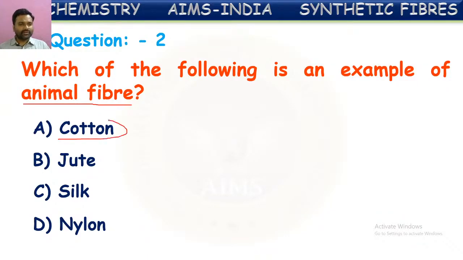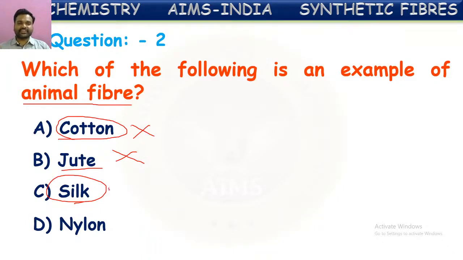We know cotton is obtained from the cotton plant. From that, cotton is derived. So it is a plant fiber, not an animal fiber. And jute is derived from the bark of the jute plant, so it is also a plant fiber, not an animal fiber. Silk is obtained from the silkworm.